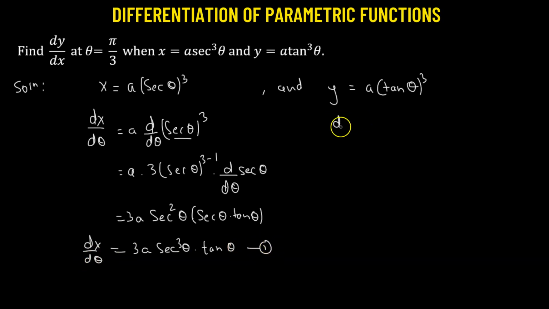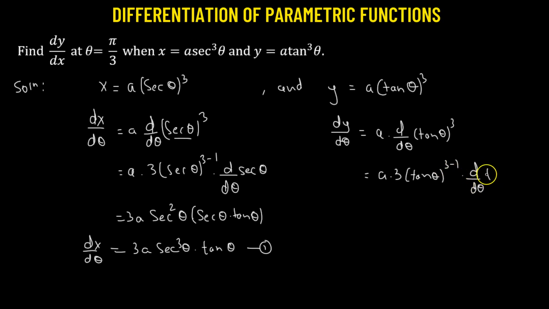Our next task will be to obtain the derivative of y with respect to theta, which will be equal to a multiplied by the derivative with respect to theta of tangent of theta raised to the power of 3. Similarly, we can use the power rule. We have 3 times tangent of theta raised to the power of 3 minus 1. This will get multiplied by the derivative with respect to theta of tangent of theta.